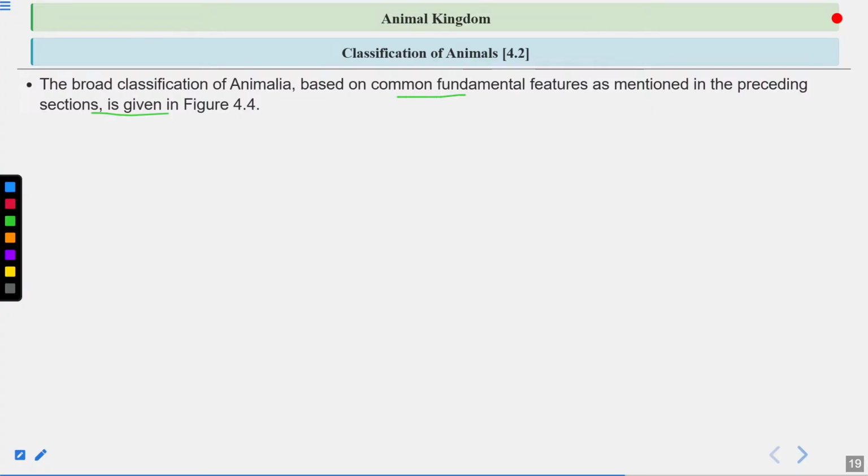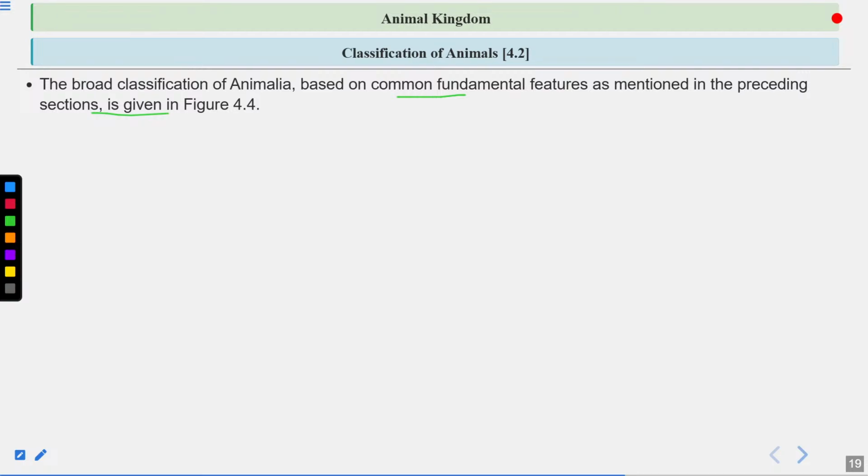The organisms in which the notochord is present are called chordates. Just remember this. When we study chordates, we will discuss in great detail the notochord, vertebral column, and nerve cord. But till here, just remember: notochord present means chordates; notochord absent means non-chordate.